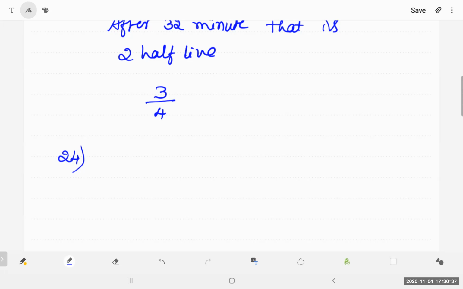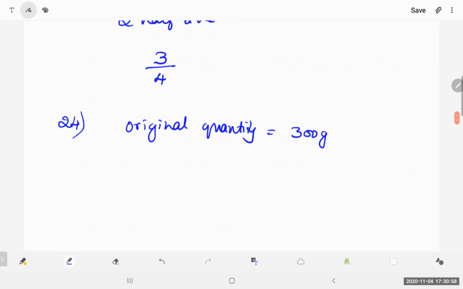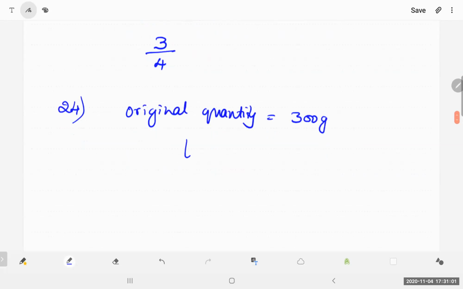The original quantity given is 300 grams. T half is given, equal to 3 hours.